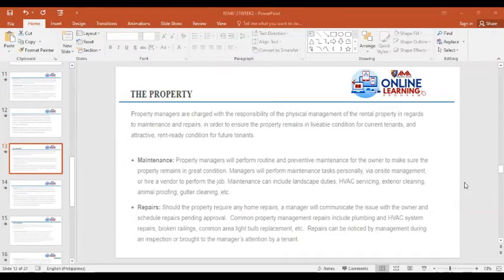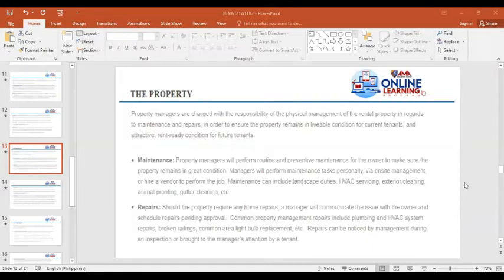Okay, so with regards to repairs, the tenant, if may na-notice na doon sa area or sa ina-occupy nila na property, had to give notice to the property management that there is a need to be repaired.